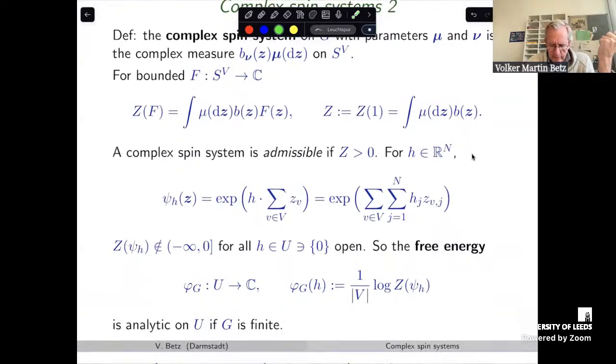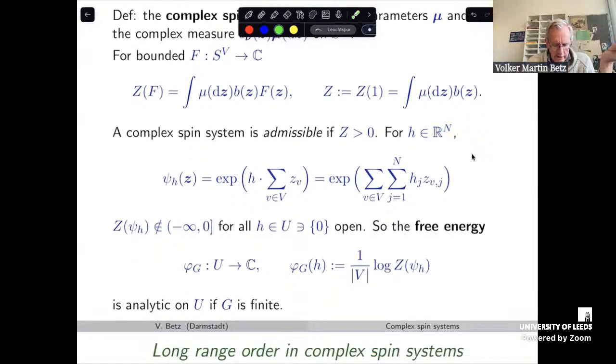Another thing that we mimic is we introduce a magnetic field. So we have an H. Again, think of n equal 1, then it's just a real number. I introduce this psi h, which is just exponential of h times the sum of all spins.